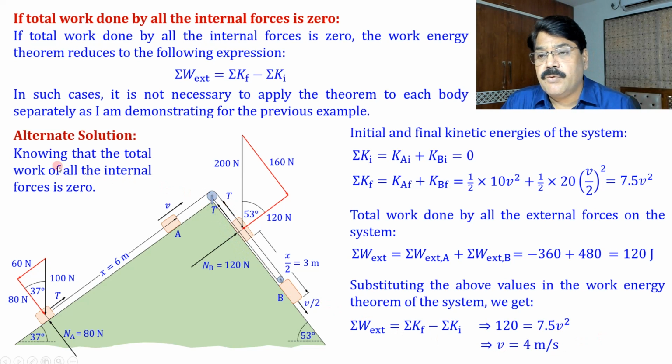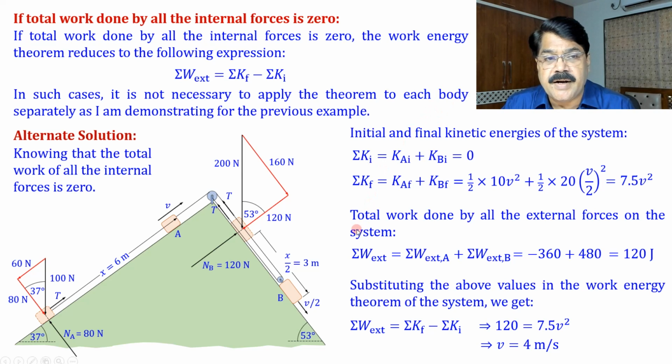Here I have told you that if you know in advance that total work done by all the internal forces is 0, we have this simplification. But if you don't know in advance, we need some idea to predict when the total work done by internal forces is 0, so that we can have this simplification.